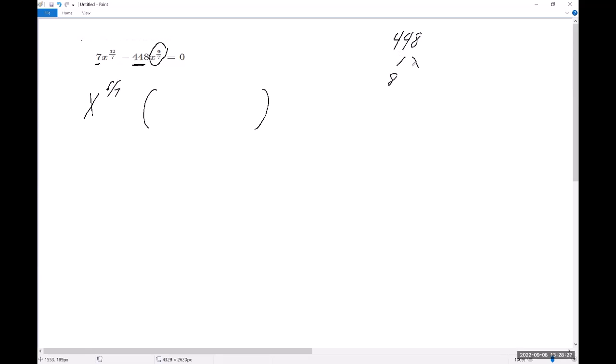I know it's divisible by 8 because this is divisible by 8. So how many times does, I believe it's divisible by 8. 8 times 5 is 40. So 6.